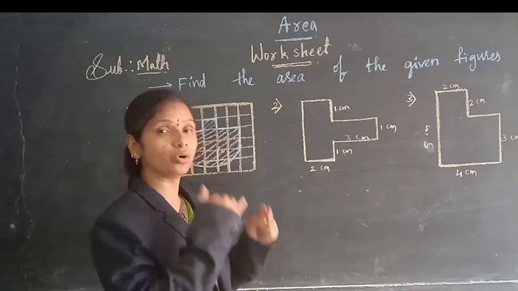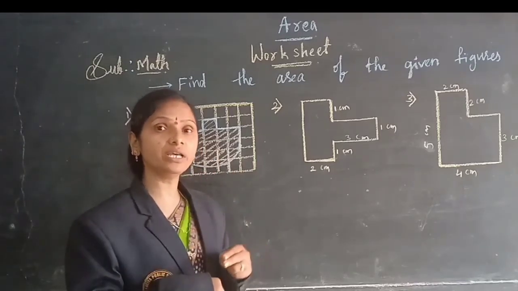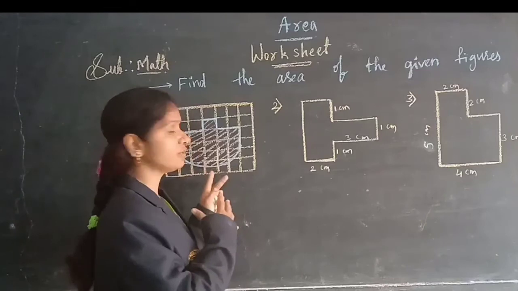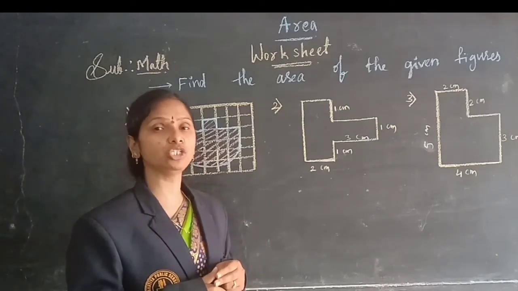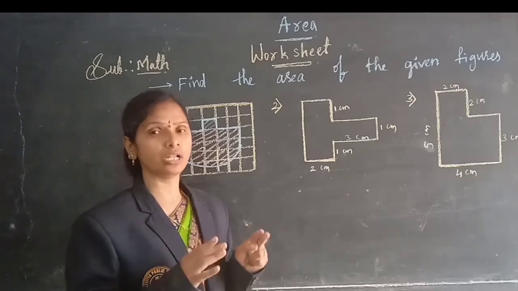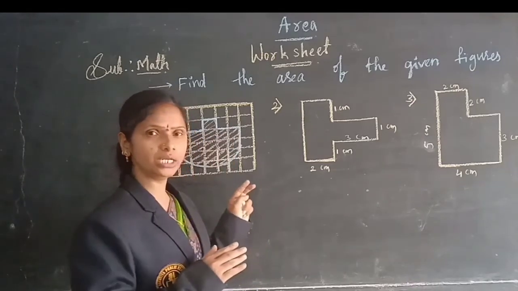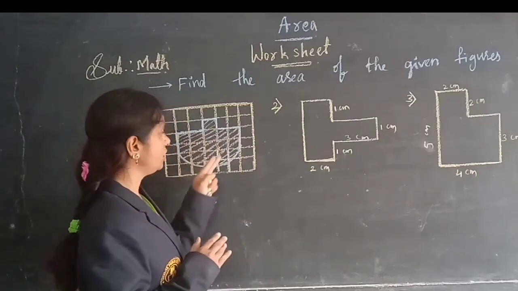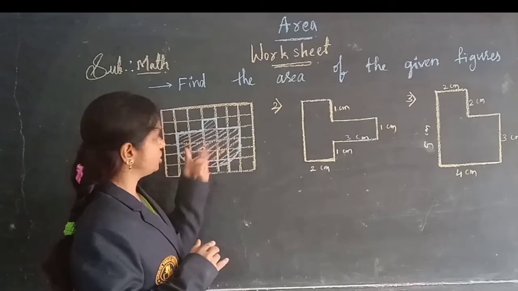If it is covered more than half, you take it as 1 unit, children. If it is covered less than half, by observing the figure you can understand, you treat it as 0 unit, children. Count all the units which I shaded here, and write how many units the given shape covers.